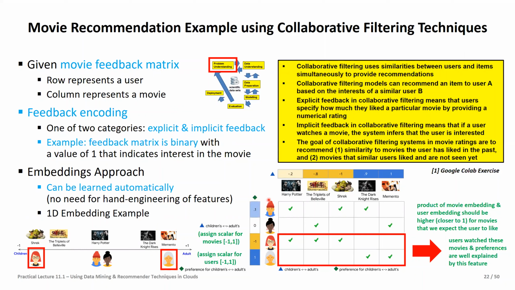And then of course you have the other tendency, whether movies are watched by children or adults, as you see here. The Dark Knight Rises, Batman and so on is rather an adult movie, Shrek more often for children. So by having this movie embedding and user embedding, right?